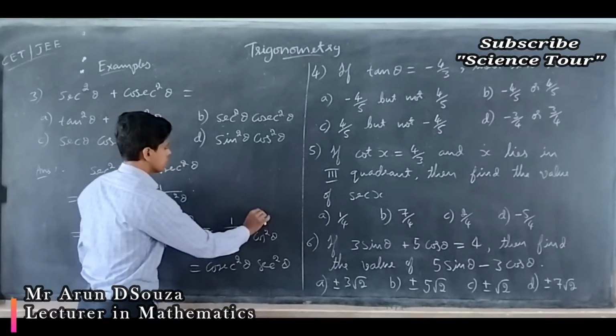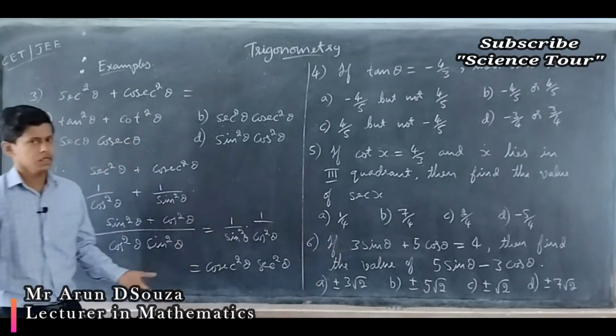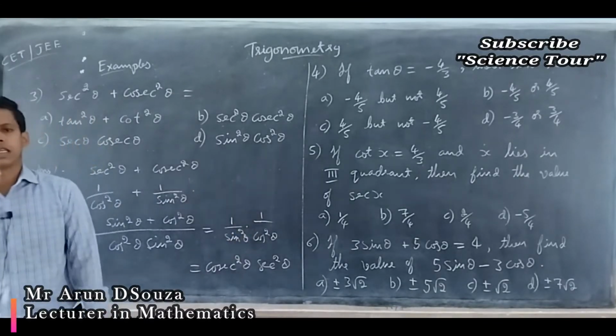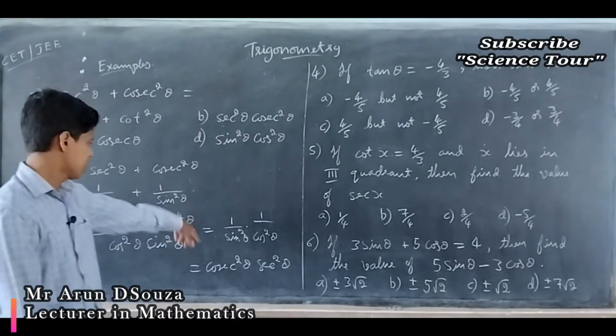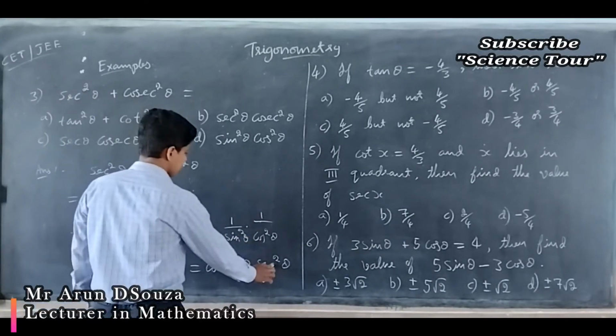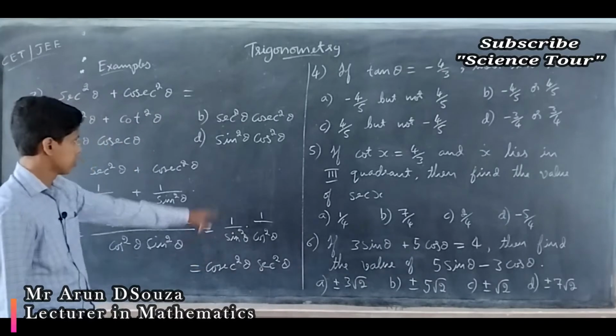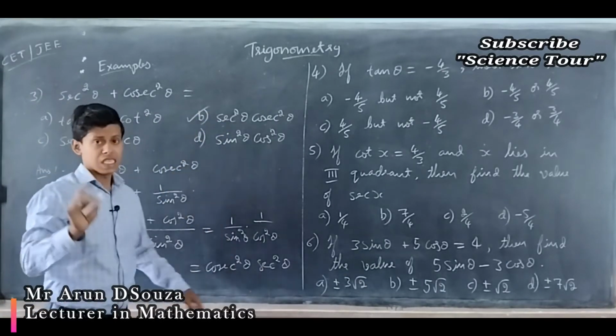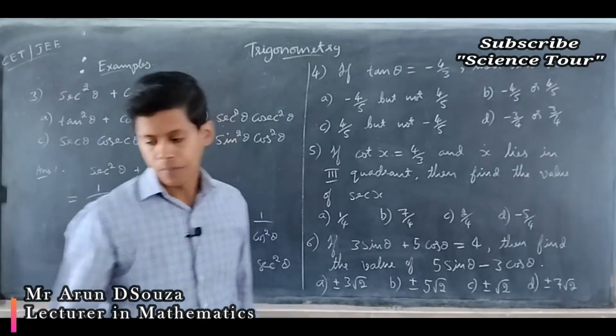This is multiplication, so you can write it separately: 1 by sin square, 1 by cos square. Now which option is the right choice? You have got secant square into cosec square, so that is option B. That's your answer.